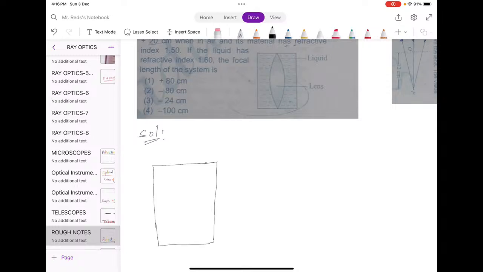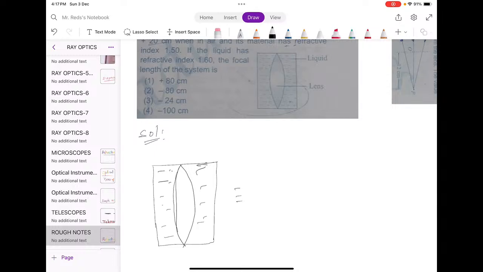In this, a thin convex lens is placed, and it is filled with a liquid.